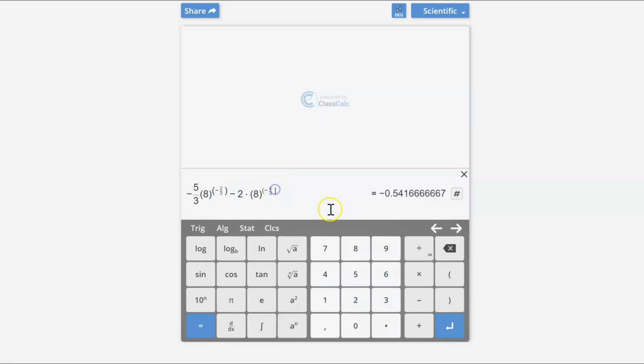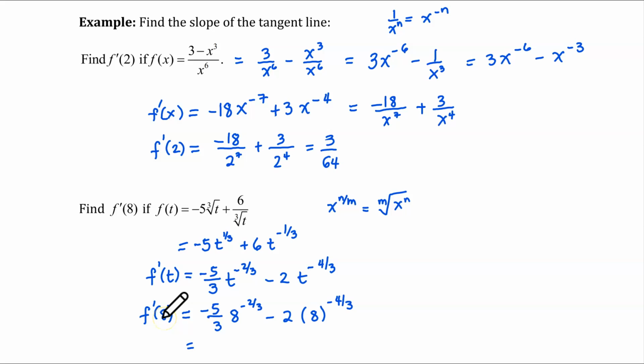And then close it. So if you want to find the exact number, you change the format to fraction, and you have negative 13 over 24. So in other words, the slope of the tangent line at t equals 8, or f prime of 8, is equal to negative 13 over 24.